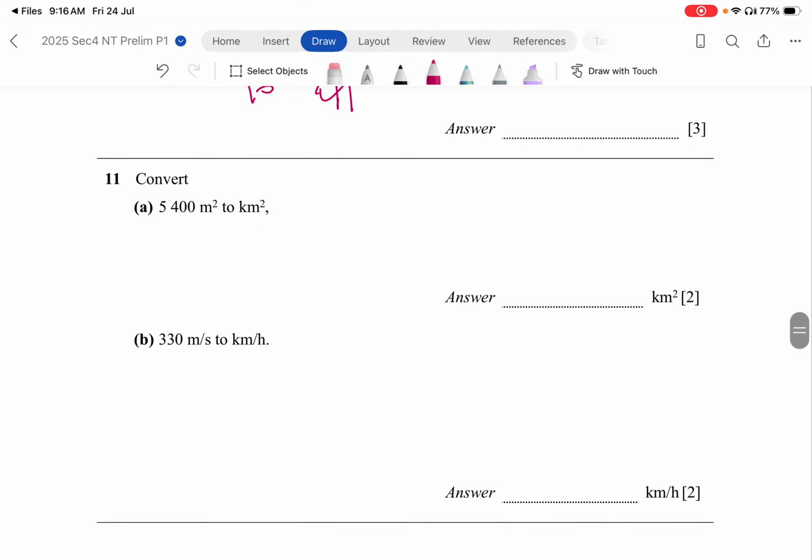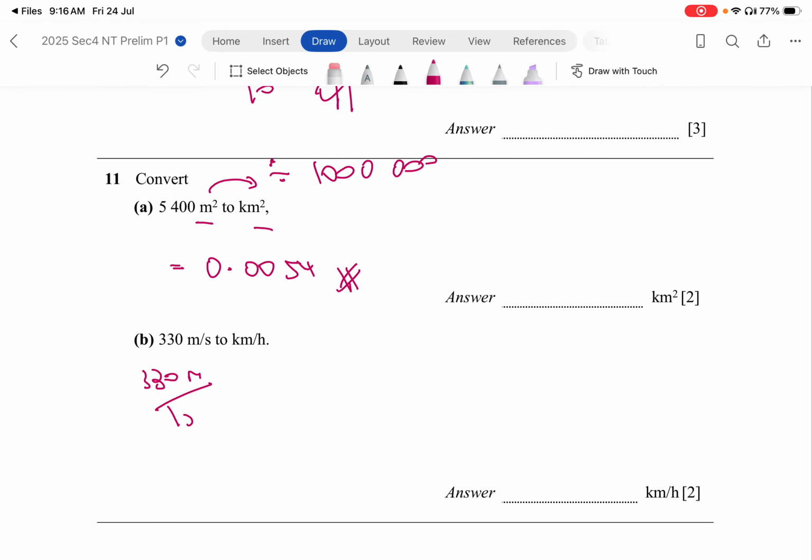Convert this meter squared to km squared. This one is purely divide by 60. Then you get 0.0054. You see this side. This one is done in this manner. Divide by 1000. 1 second, divide by 60.